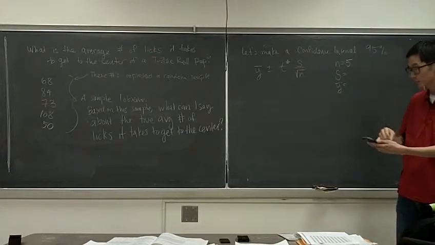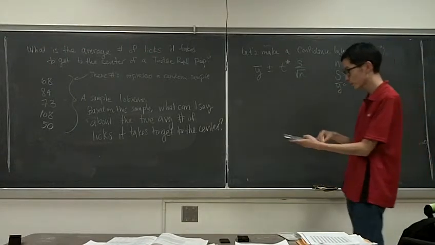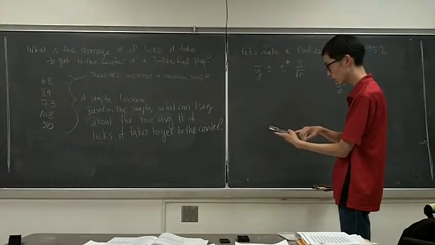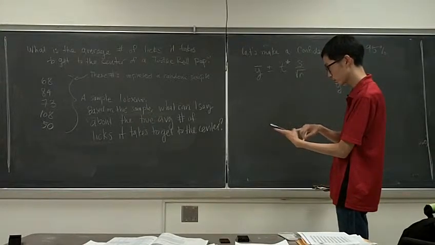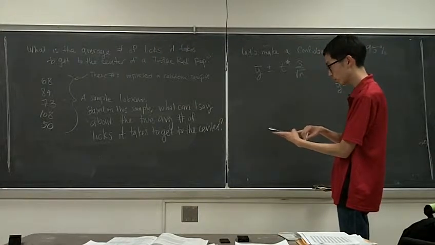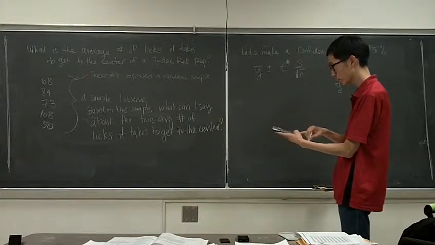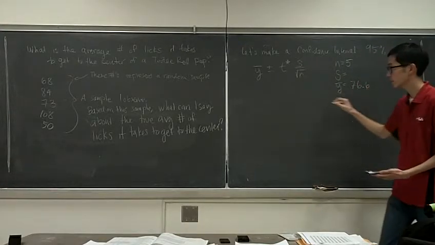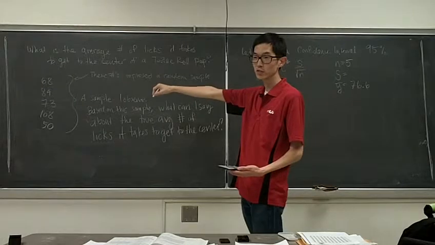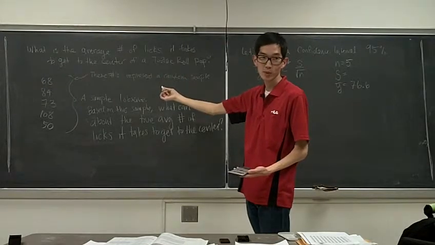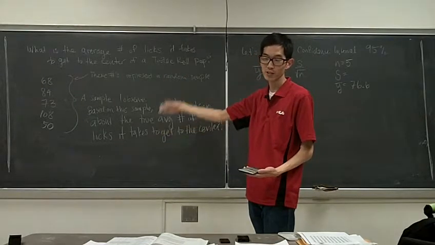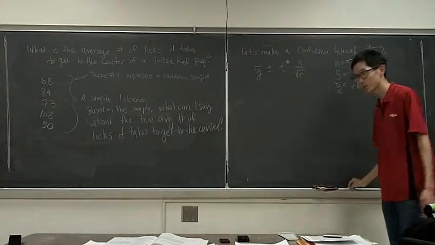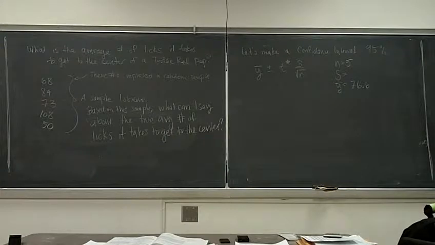So we find the mean: I add up all 5 of those numbers, 68 plus 84 plus 73 plus 108 plus 50, and divide by 5, and I get 76.6. Then I subtract 76.6 from each of these numbers, square them, add them up, divide by 4, and take the square root. That gives me the standard deviation.